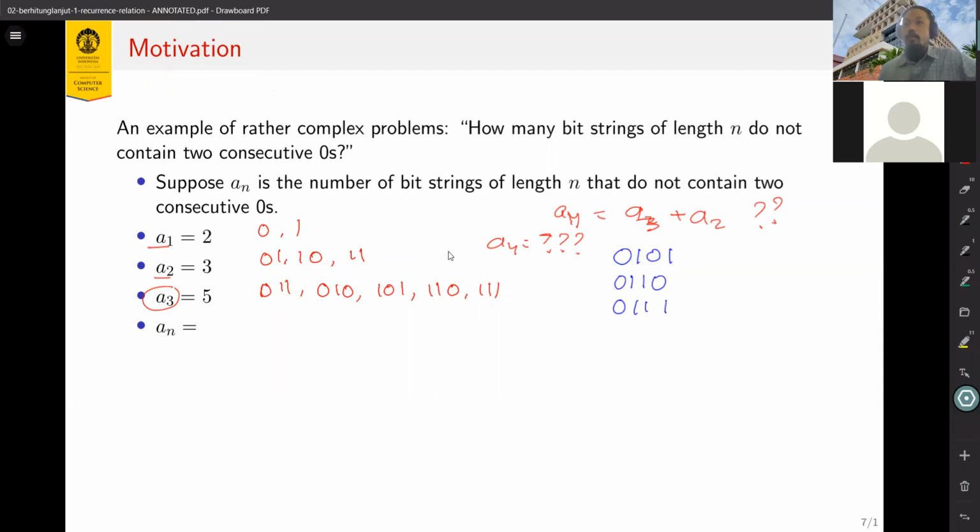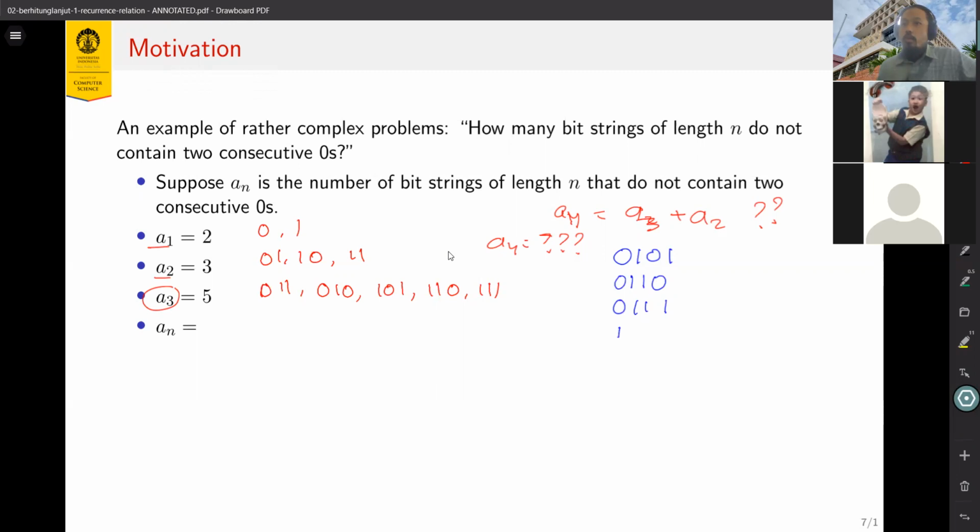So what about the strings that start with 1? Can you help me? If I start with 1, what are the possibilities for the next number? Are we counting this one with two zeros? Oh no, we don't.